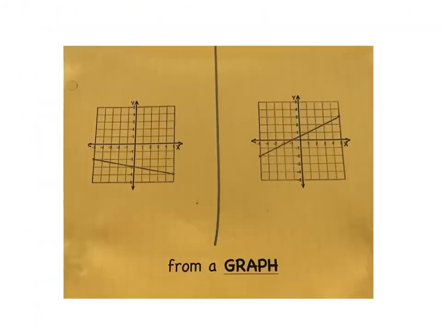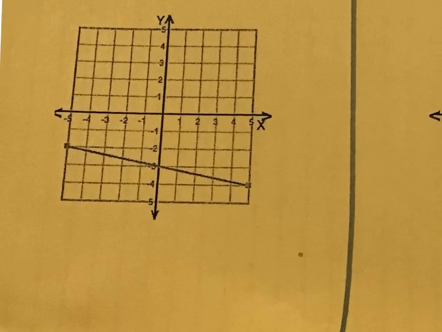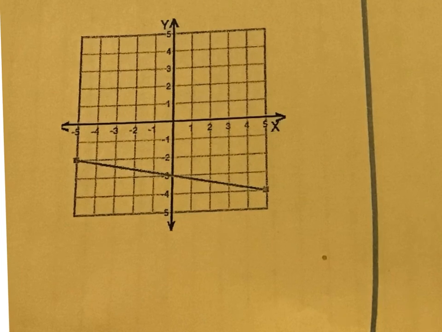So with a graph, we are looking for the point where it intersects the y-axis. I'm just going to zoom in, and what you want to do is look at, here's my y-axis. I'm going to go down the y-axis, and as soon as I get to where the line intersects it, I'm going to put a dot there, and that would represent my y-intercept.